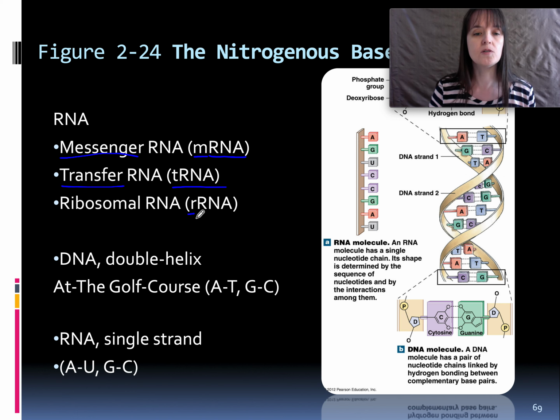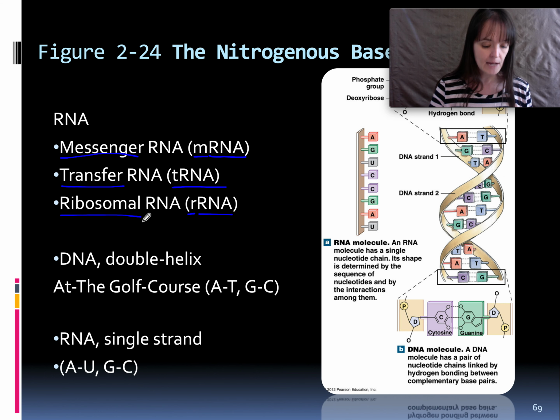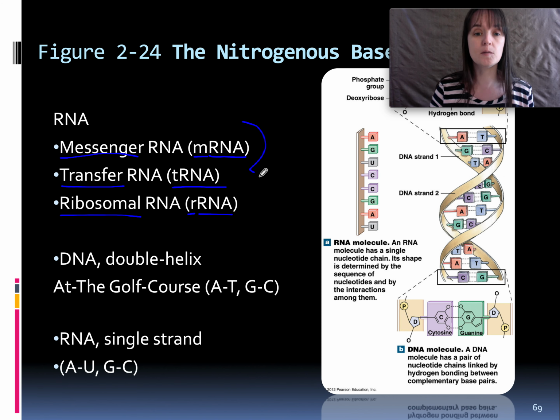And then ribosomal RNA, which is rRNA, but the first r has to be lowercase, and the second R, the N and the A are all caps. We will come back to this in Chapter 3, which is still on Test 1, and talk about exactly what each of these RNAs do. We said already that the function of RNA in general is to make proteins, and these will all work together to help synthesize proteins.